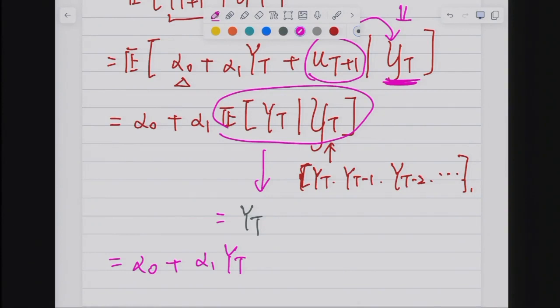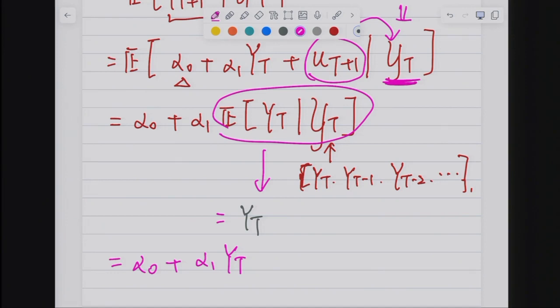Okay? Now, in order to compute the optimal one-step ahead forecast, this requires our knowledge of alpha naught and alpha 1, which is typically unknown.